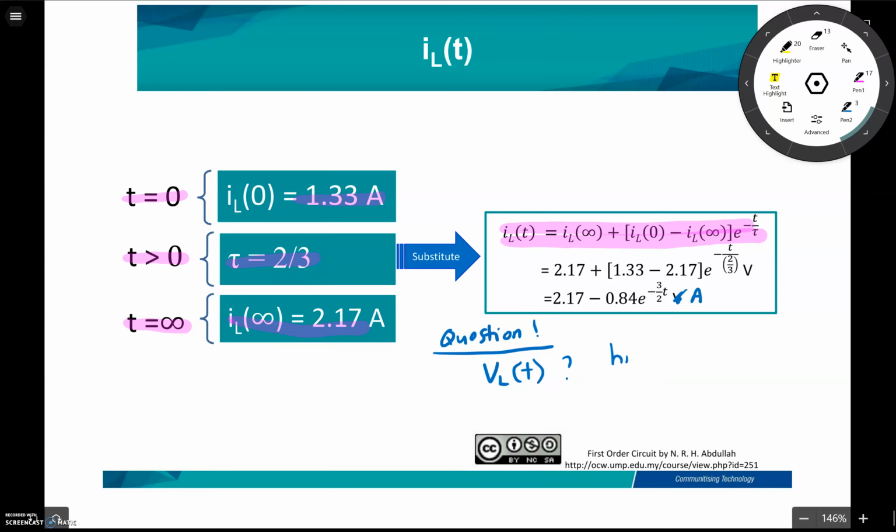This is the hint. VL(t) is equal to L times dIL(t) over dt. Okay, this is the homework. I need you to find the answer for the VL(t). Thank you.